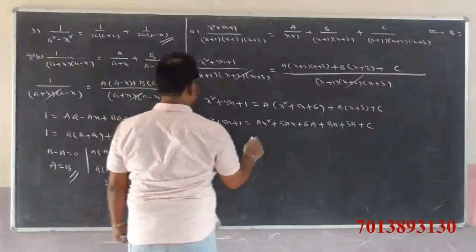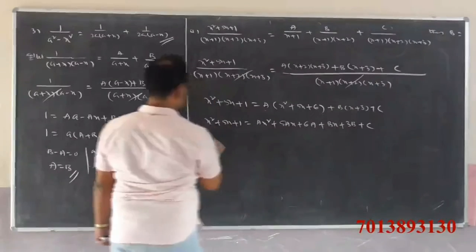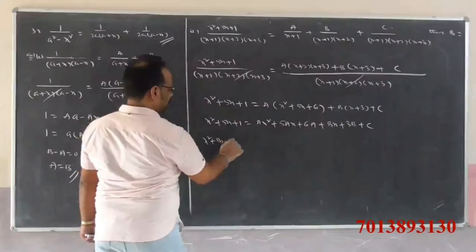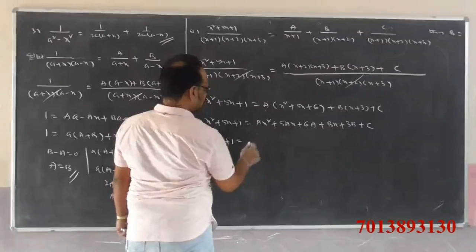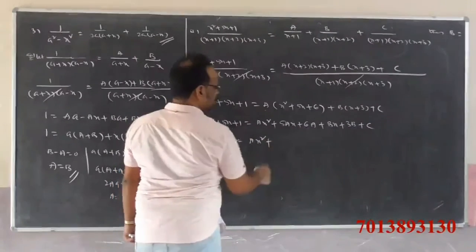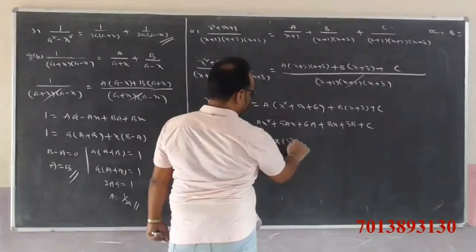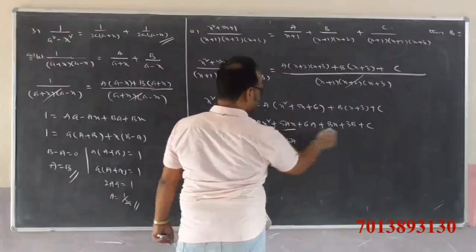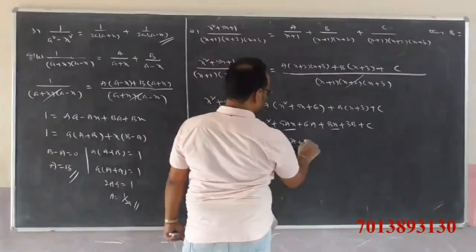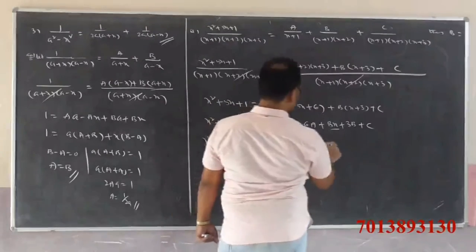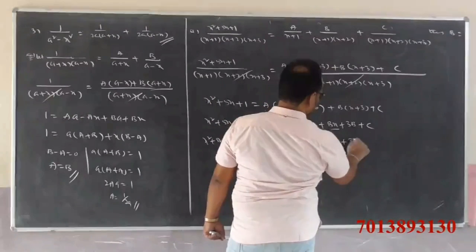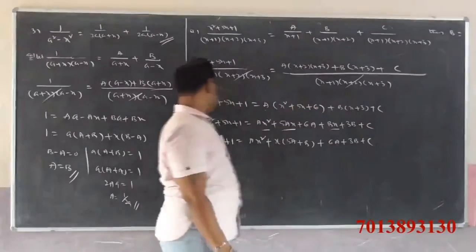We want the b value. This can be written as x square plus 5x plus 1 is equal to x squared plus 5a and b as the x coefficient, and the constant is 6a plus 3b plus c.